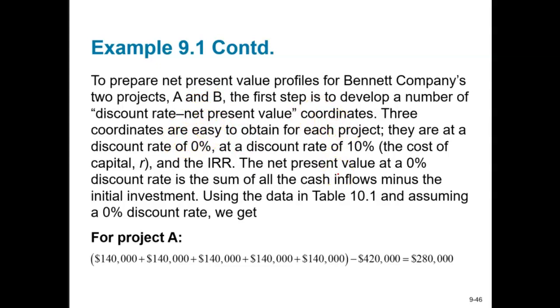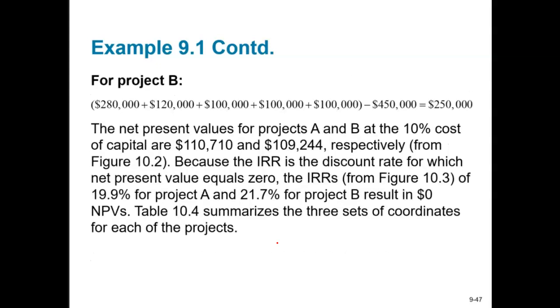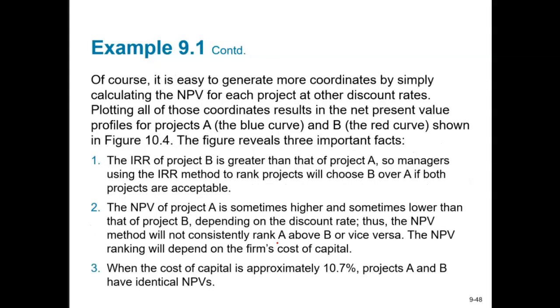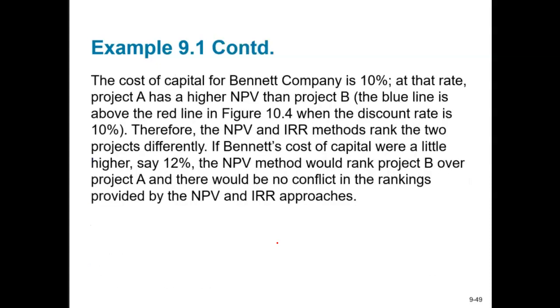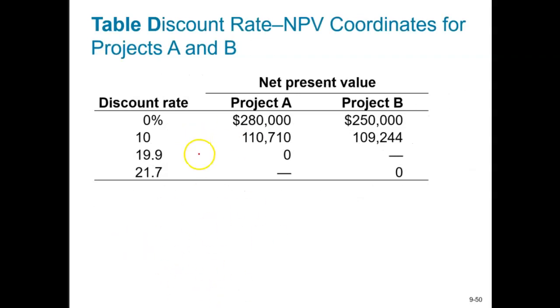Okay, so you can get the coordinates very easily if we assume a zero discount rate for both the projects, and then if we summarize them in this order, you will find that at 0% it is nothing but project A and project B, the values we get, and at 10% is the NPV, and at 19.9 and 21.7 is the IRR.